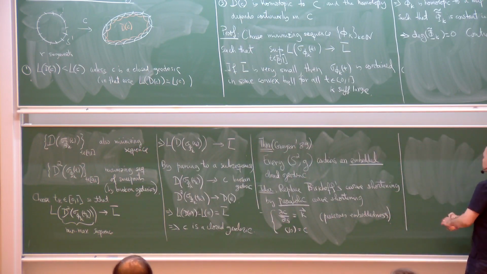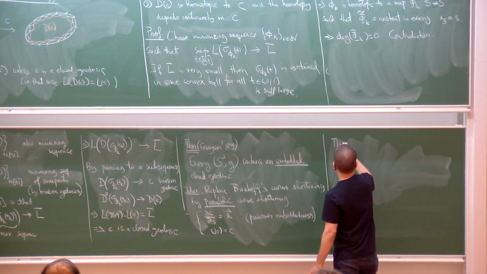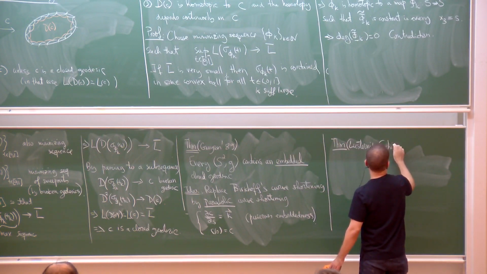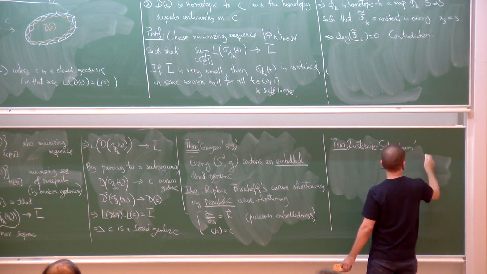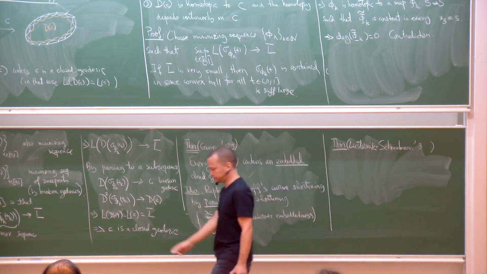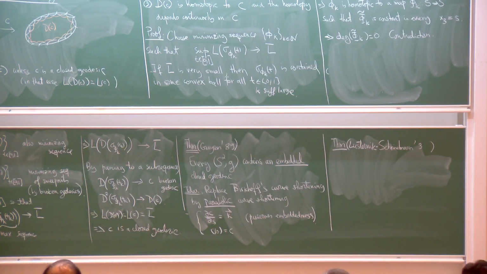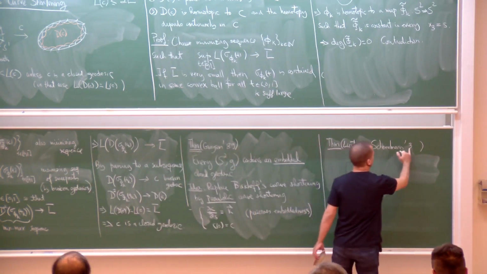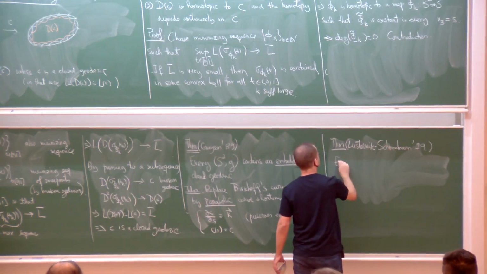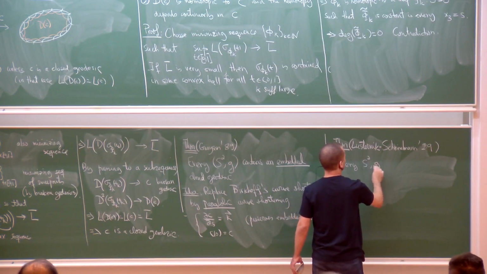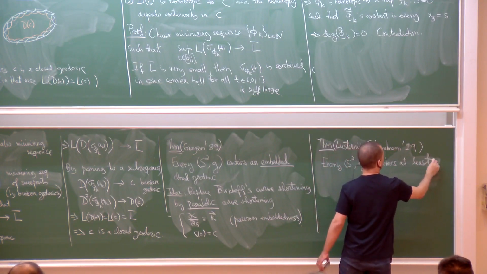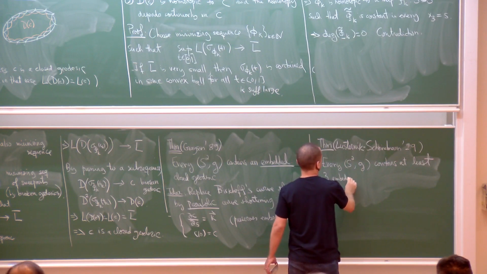And there's even a result which improves this. This is the optimal result by Lusternik and Schnirelmann from the 30s, 37 maybe, actually 29, 1929, says that every Riemannian S2 contains at least 3 embedded closed geodesics.